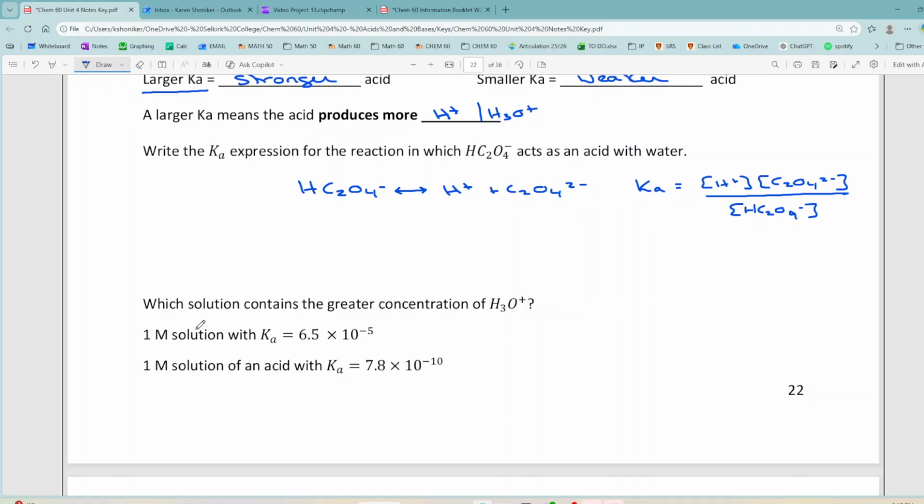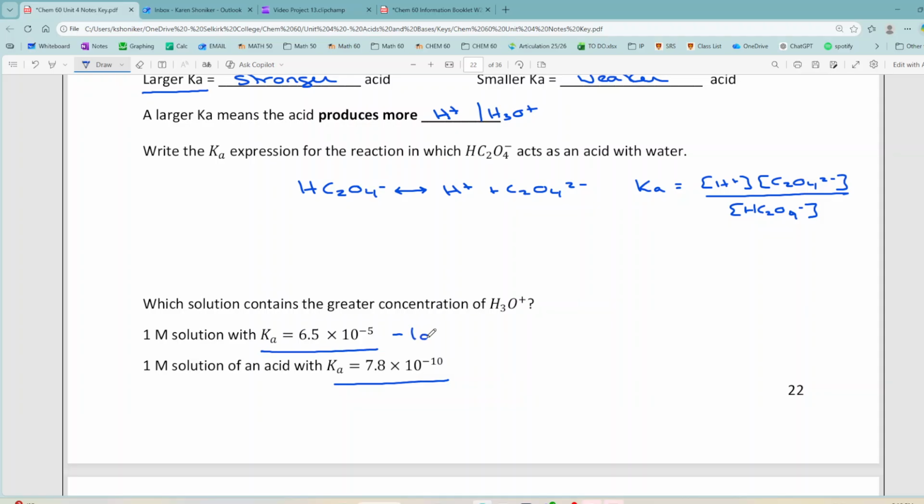If I asked you which solution contains the greater concentration of hydronium ions, something that has a Ka of 6.5 times 10 to the negative 5, or something that has a Ka of 7.8 times 10 to the negative 10, which of these solutions would contain the greater concentration of hydronium? So we don't have the Ka expressions, you just have to understand what these things mean.